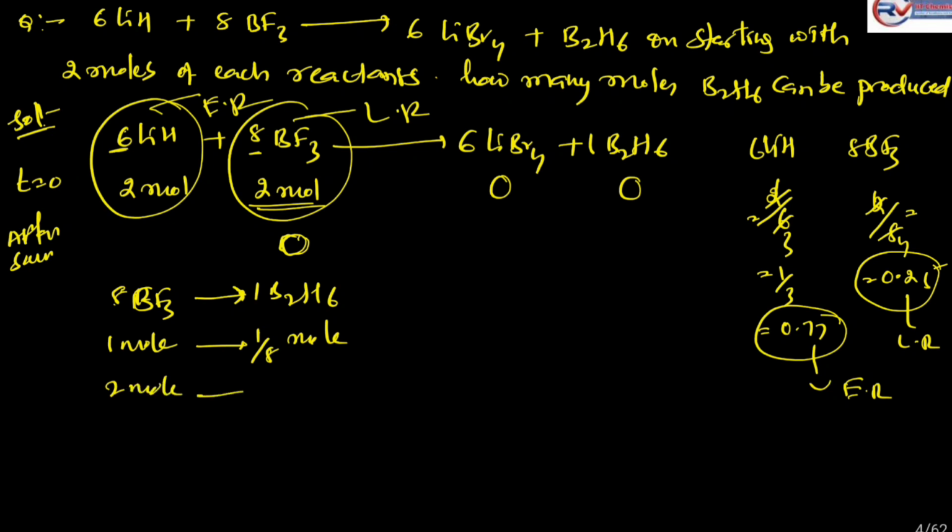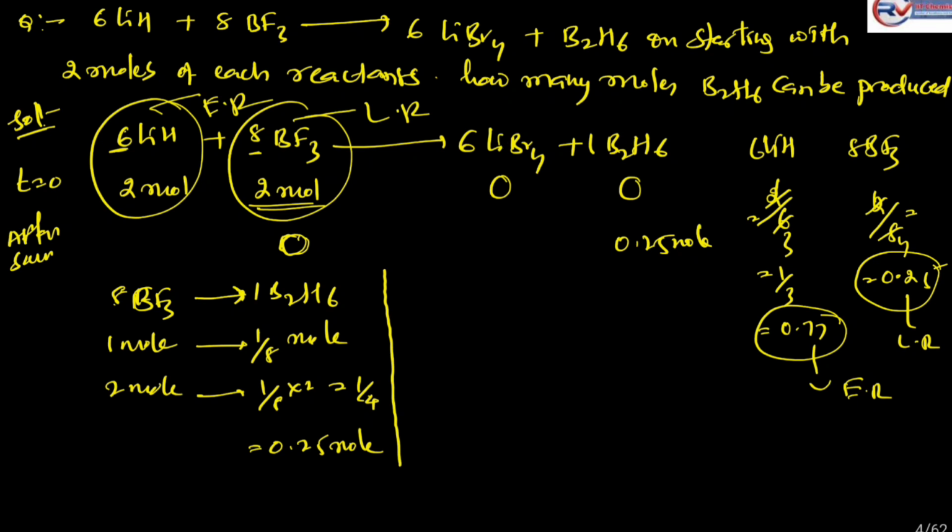The limiting reagent is 2 moles, so 1 upon 8 into 2 becomes 1 by 4, which is 0.25 mole. 0.25 mole is formed.